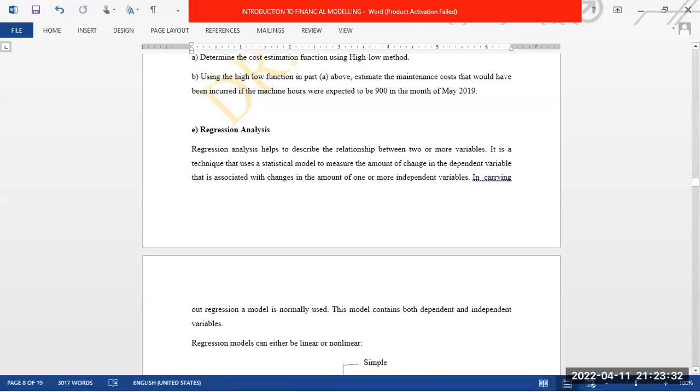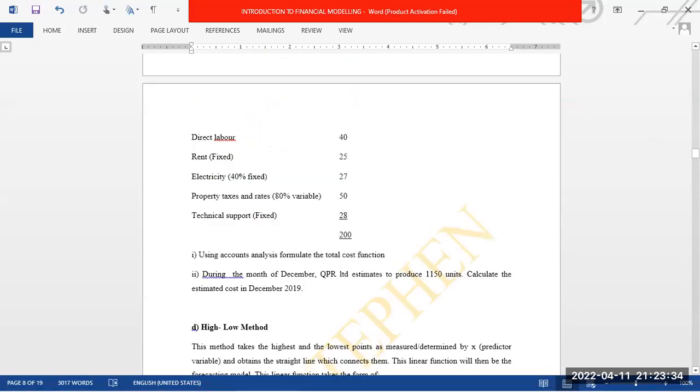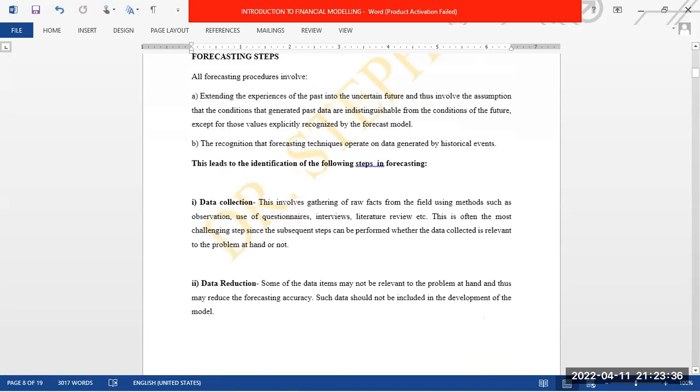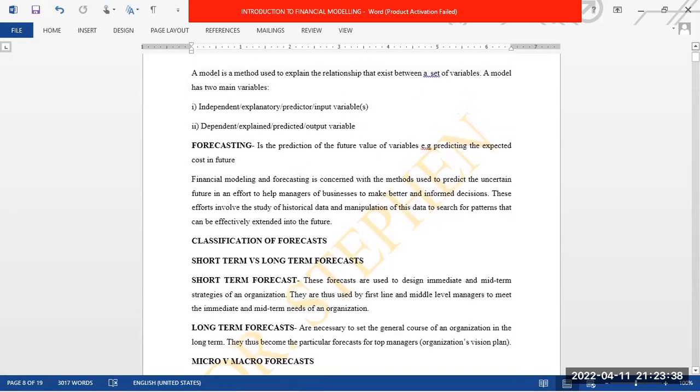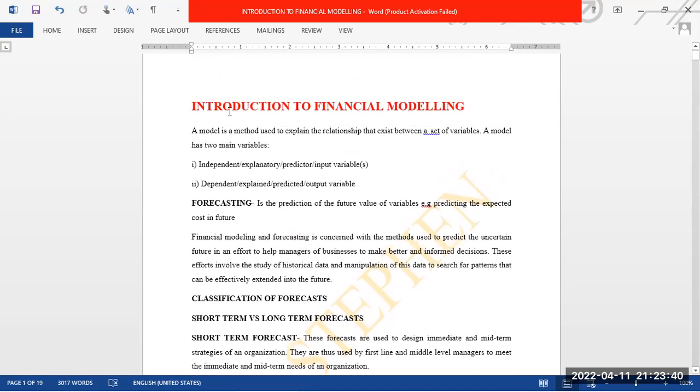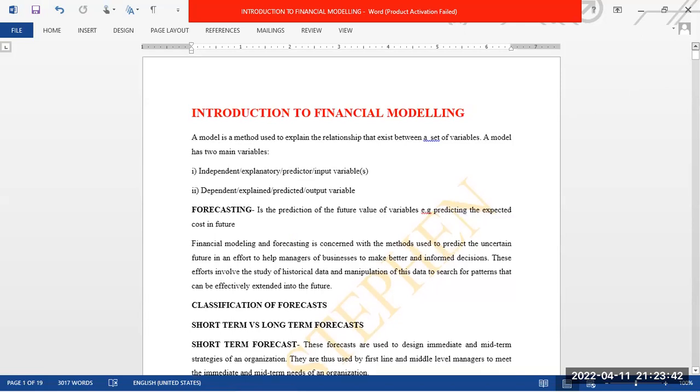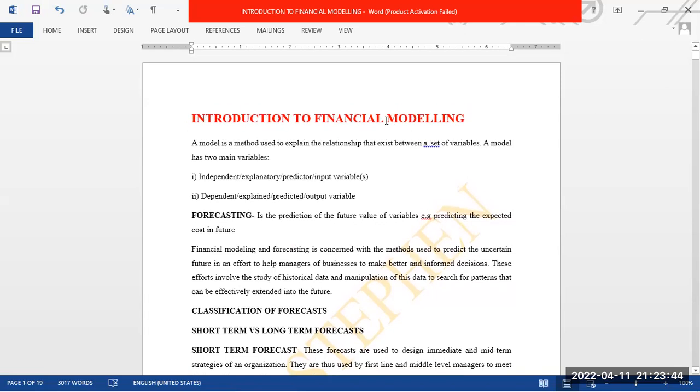Here we are in our financial modeling and forecasting. Just for recap, in our last class we looked at some cost outline. Then we checked on introduction to financial modeling, and we knew we were to pick from cost estimation, and I think that is where we are supposed to be beginning.